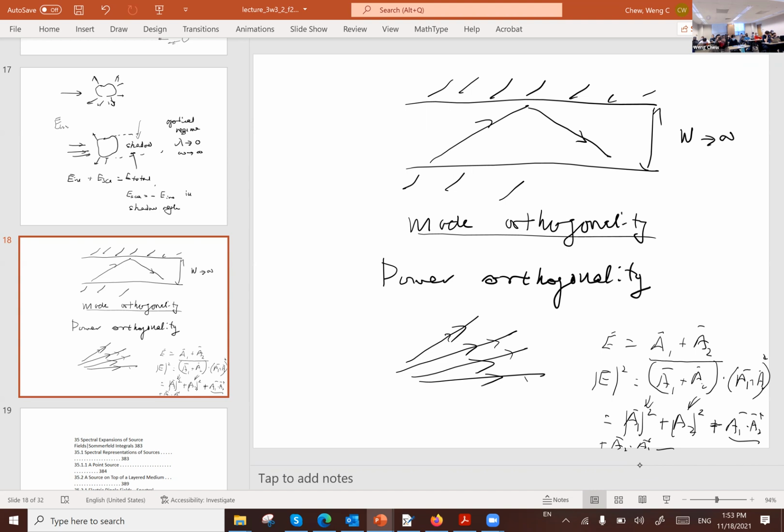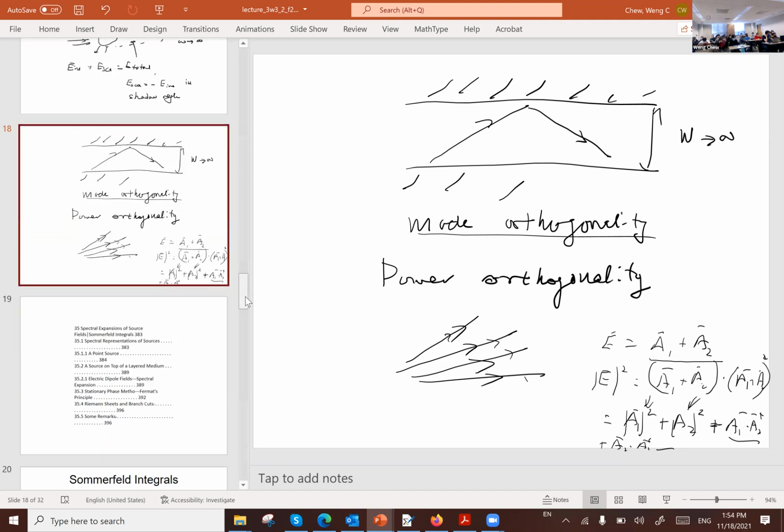And as a result, two rays are independent of each other unless they are propagating in the same direction. If they are propagating in the same direction, then they are not power orthogonal. So you can use this kind of argument to arrive at the optical theorem.